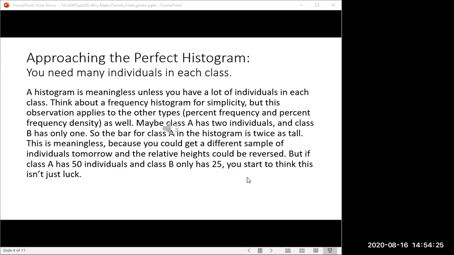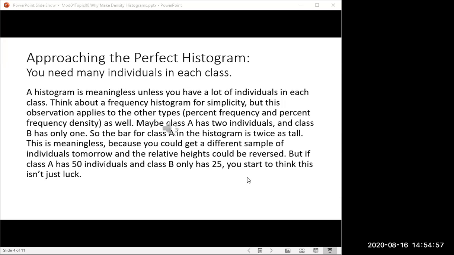But if you have a lot of data so that each bar is representing a large number of individuals from the population, then if one bar has 50 individuals in that class and the other bar has only 25, now you think it's not just luck, there's really twice as many in the one class compared with the other.